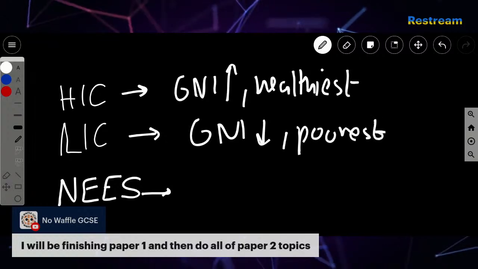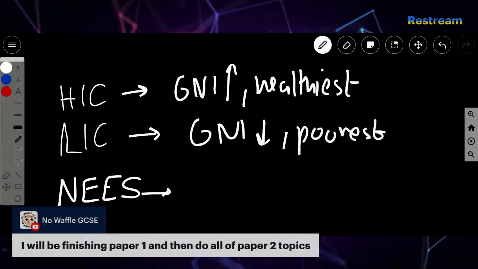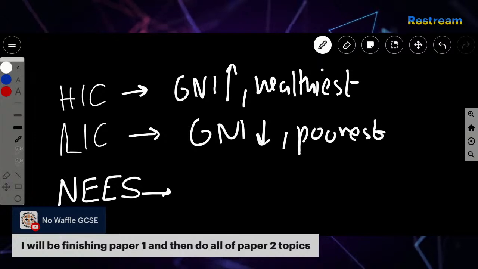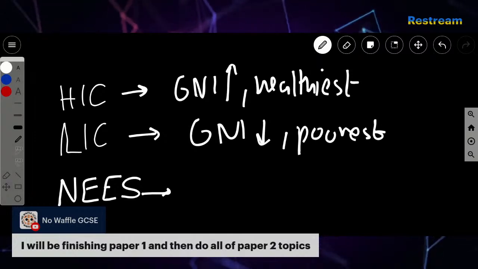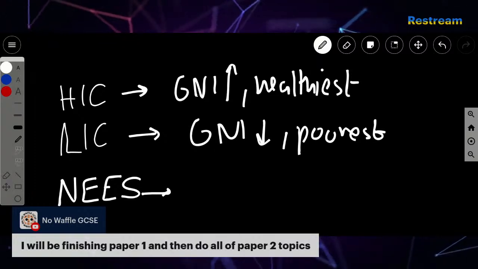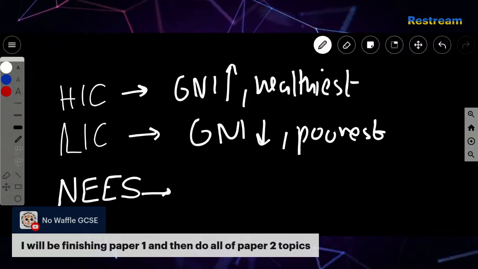And finally, the newly emerging economies. These are the countries whose wealth does not stay the same. They're rapidly getting richer as the economy progresses from the primary industries to the secondary industries. Primary industries include agriculture, secondary industries include manufacturing.